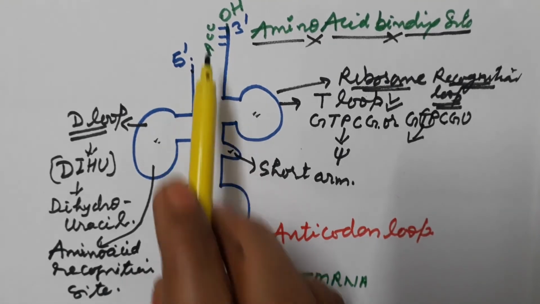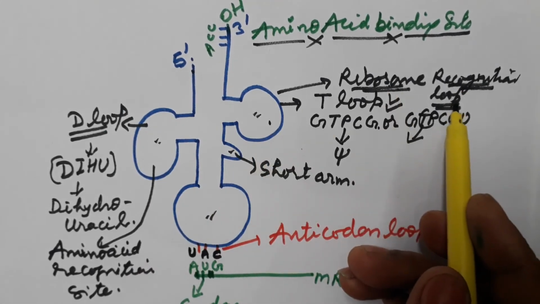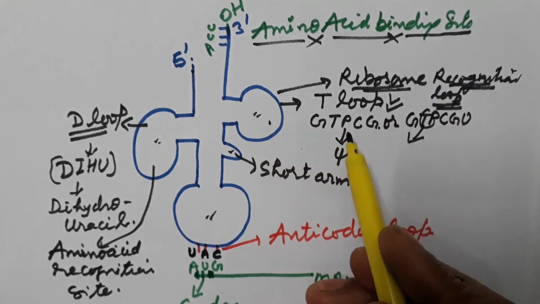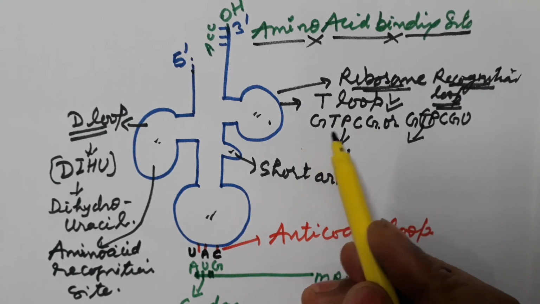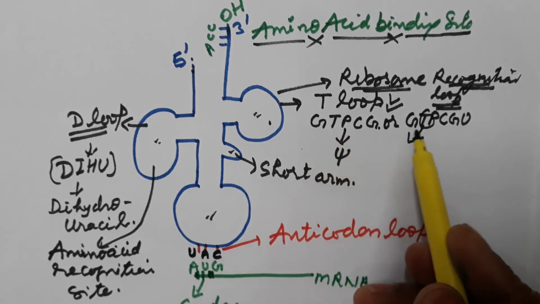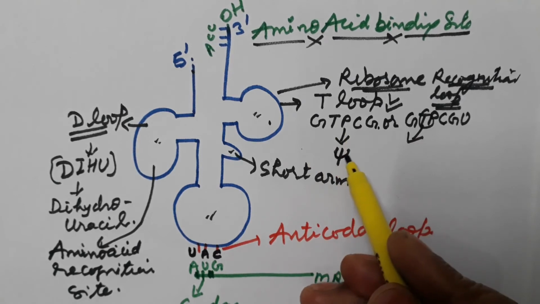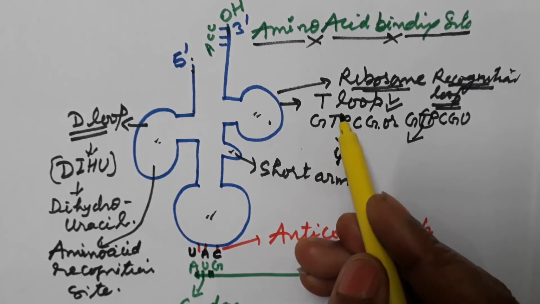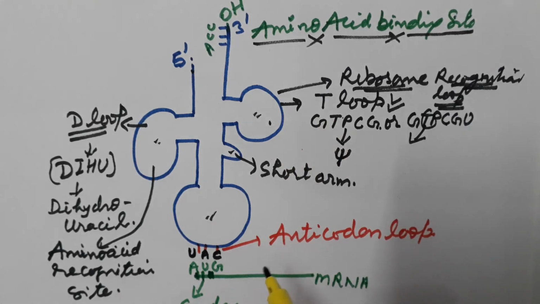Towards the 3' end, the arm is known as the ribosome recognition arm or loop. This is called the T loop. It consists of a base sequence of 5 nitrogenous bases, that is GTPCG or GTPCGU. Generally, RNA does not consist of this T, but here the T is present. That's why this loop is known as the T loop.